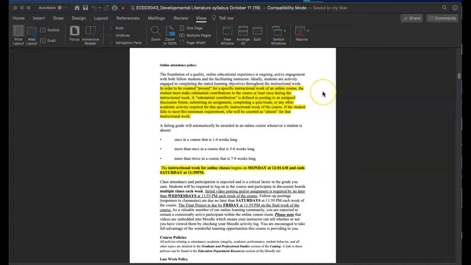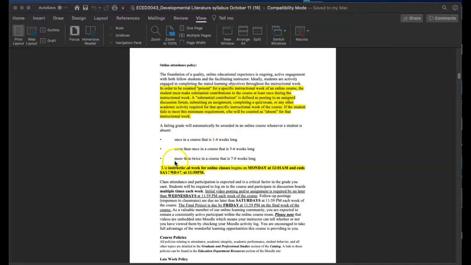A substantial contribution is defined as posting to an assigned forum, submitting an assignment, completing a quiz or exam, or any other academic activity that's required for that specific instructional week of the course. If you fail to do that, you're going to be counted absent for that week.